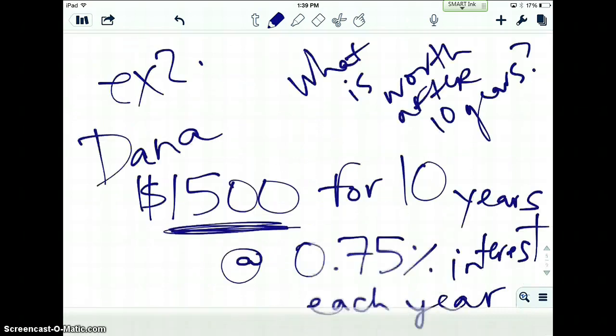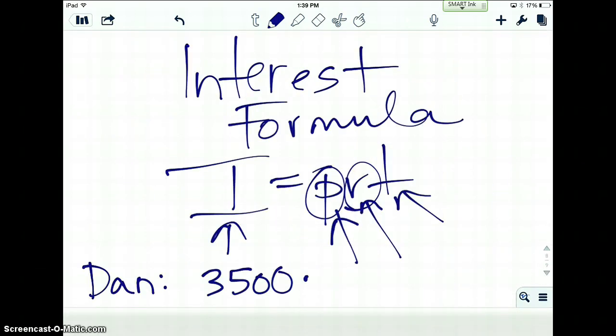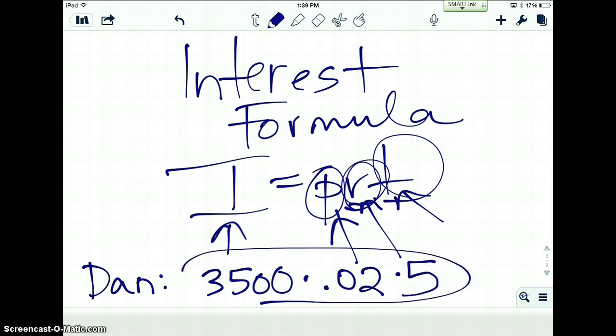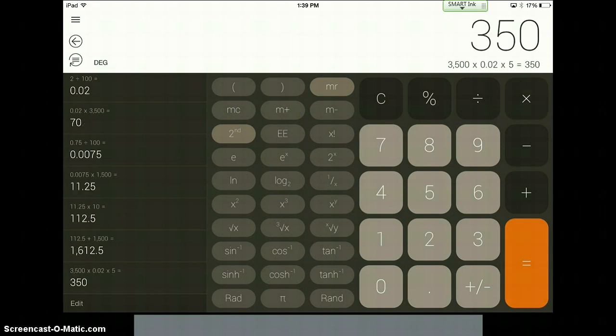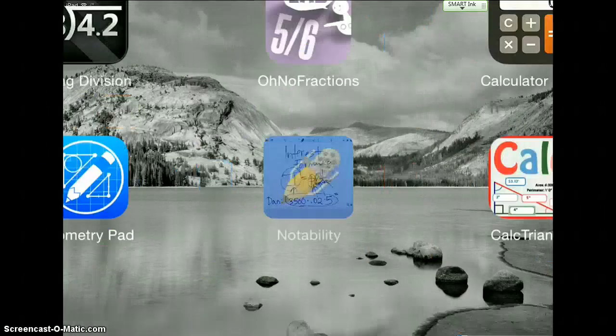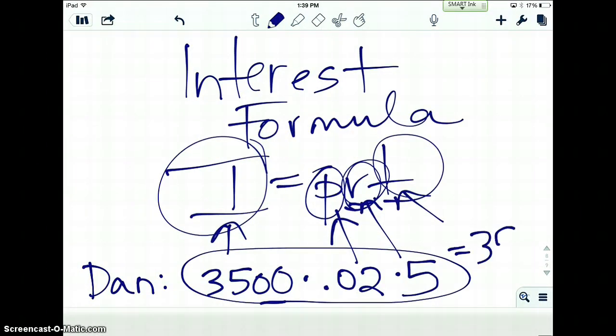So I'm going to put for the rate 0.02, because that's 2%, times how much time he invested it. And he invested it for 5 years. So if I would have just multiplied these three together all at once, I would have gotten his total amount of interest. So $3,500 times 0.02, the percent, times 5 years. And there's how much he made, $350. That's his total amount of interest.